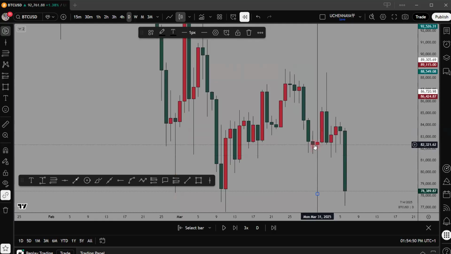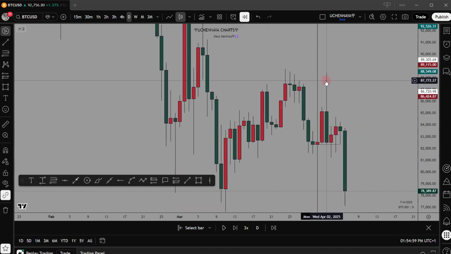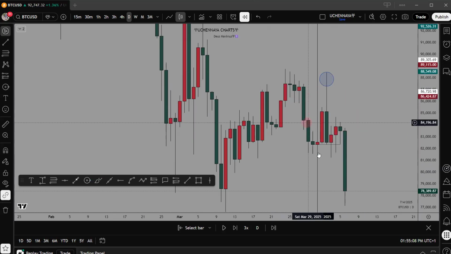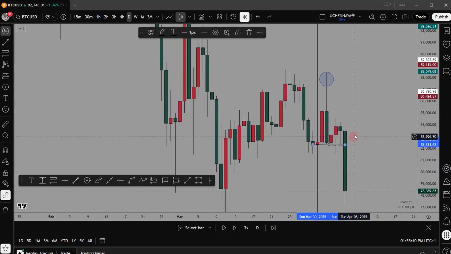This is daily breakout. This is where the weekly candle rejected from this weekly structure here. This is a new week candle, and this is where you had your breakout.